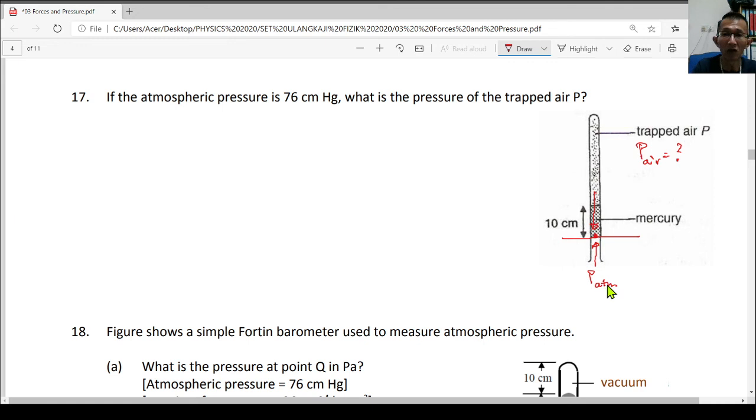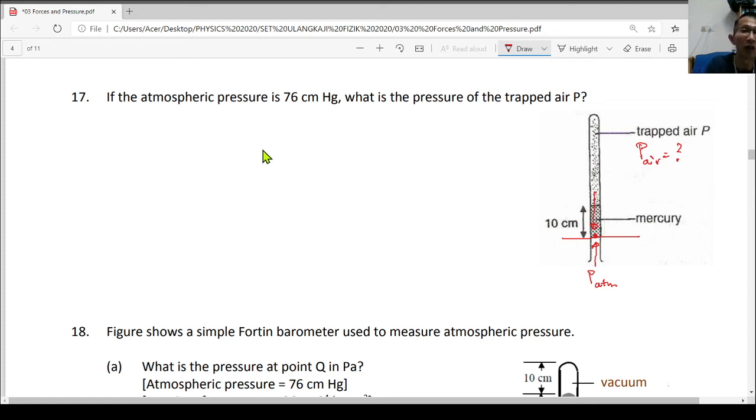The P atmospheric must equal the P due to the mercury plus that due to the trapped air. Otherwise the mercury and the trapped air will flow down. But in this case it doesn't flow down, so I do know that the P atmospheric pushing it up must equal the pressure exerted by the mercury and by the trapped air.